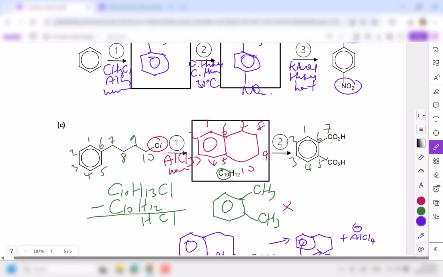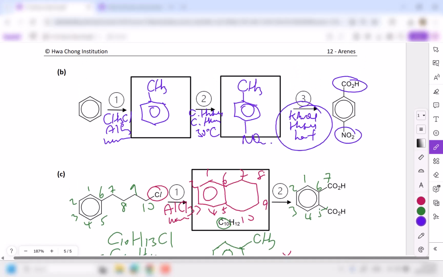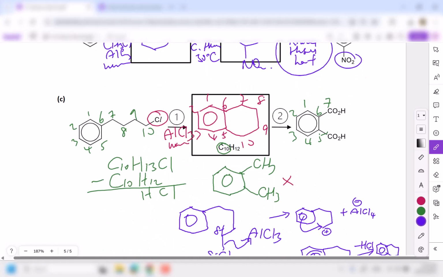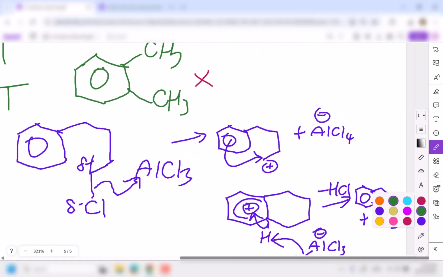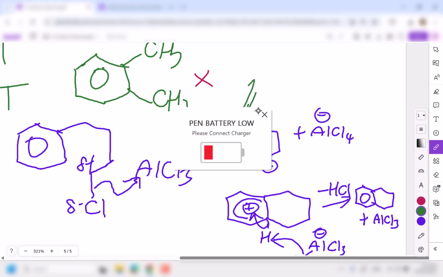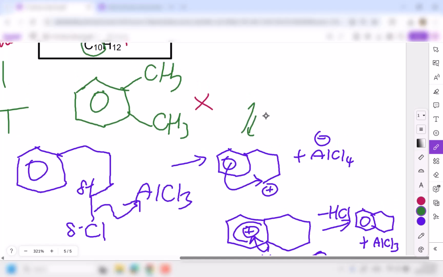The side chain oxidation condition is the same as the one in 1B. Some of the students who are a little bit more advanced might ask me, this is not stable, so can it very quickly perform what we call a hydride shift to produce a more stable carbocation? The answer is yes, it can happen.